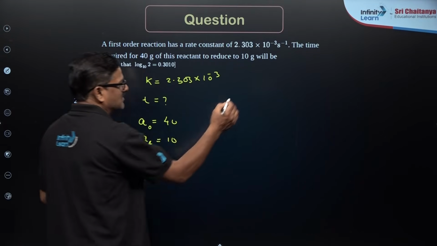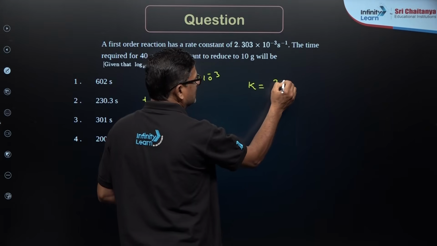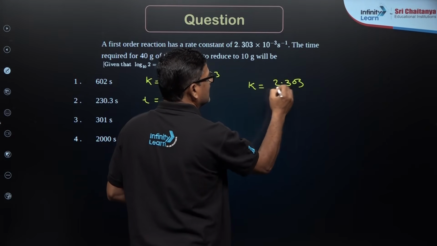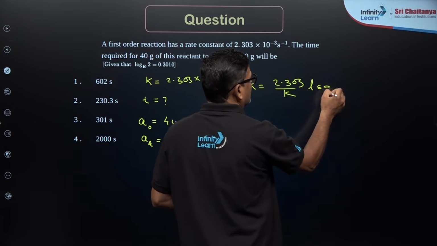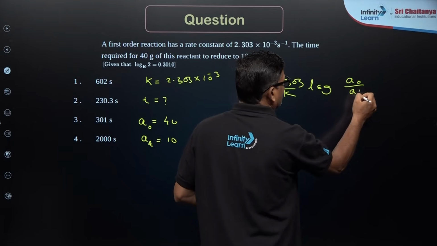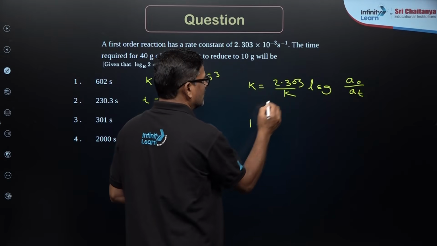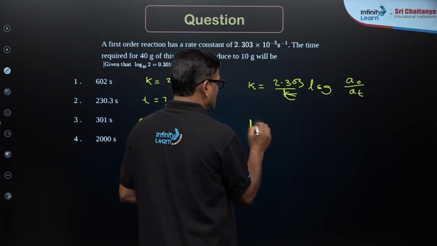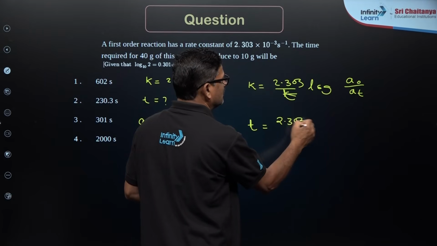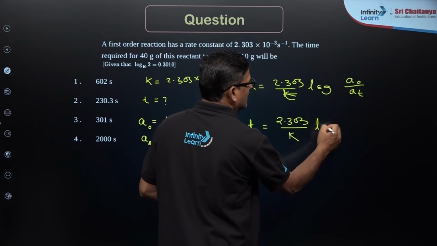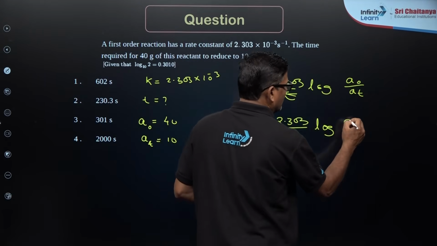So let's take k is equal to 2.303 by t log A naught upon At. So t is equal to 2.303 by k log A naught by At.